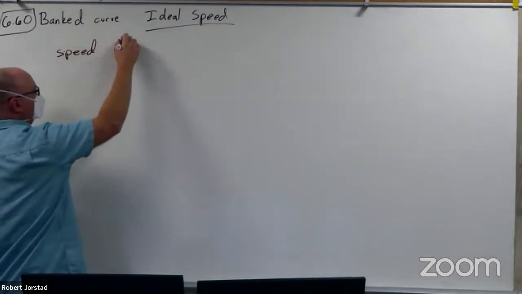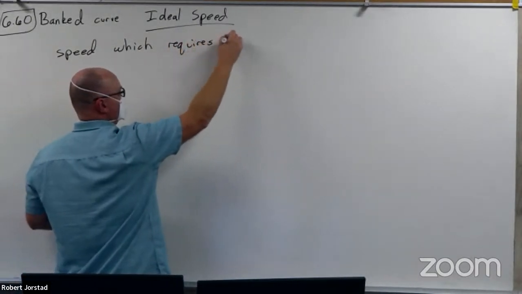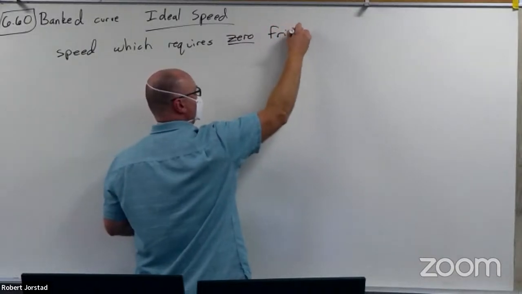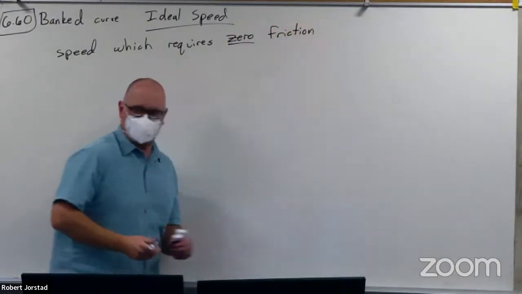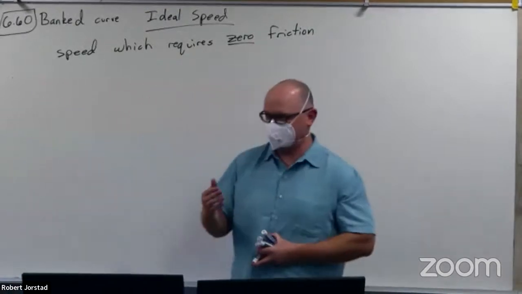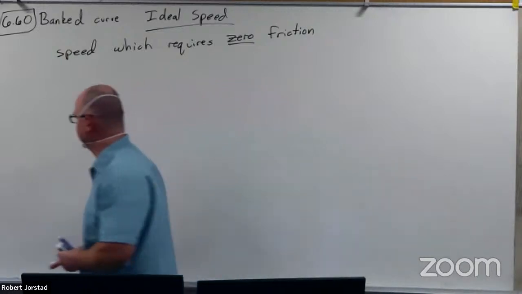Speed which requires zero friction. So before we try to analyze problems with friction on an angle, we're going to analyze them without. That's just like we did in chapter 5, and then we're going to add in friction at the end.